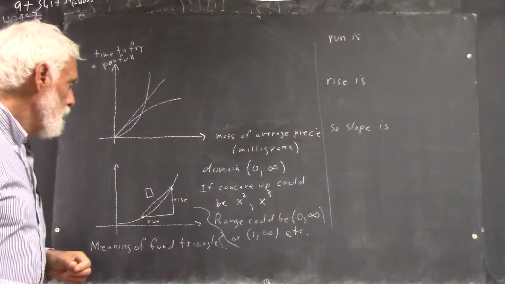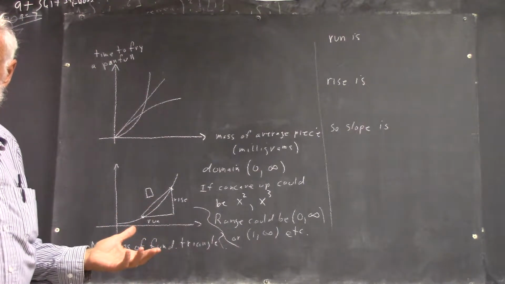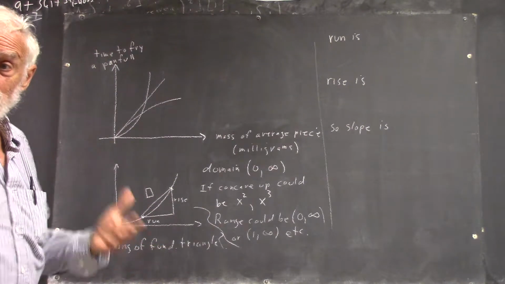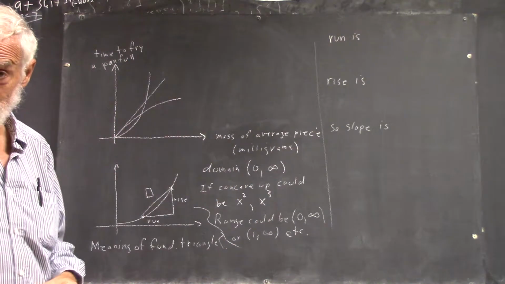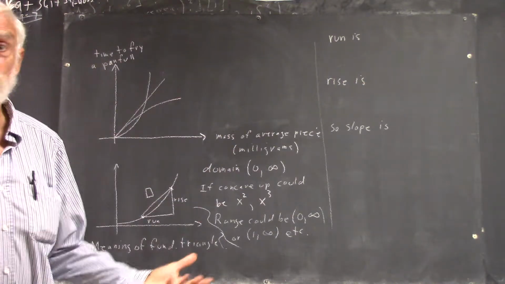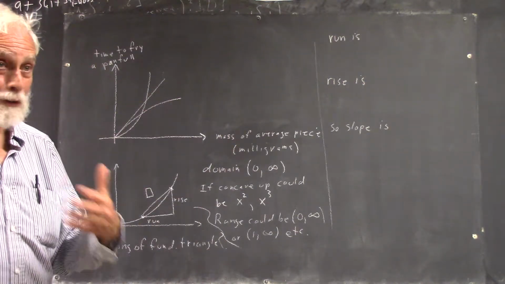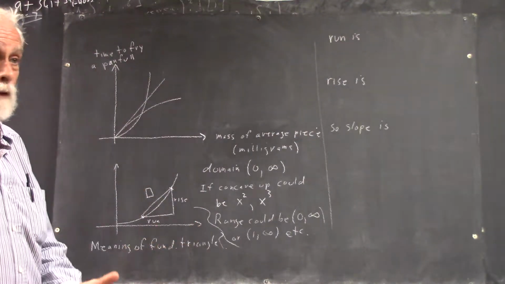So, what does the run mean? Well, how do you get the run? The change of x. Yeah, it's the change in your x coordinate, okay? Well, that's not a bad thing to start with. It's always the same. Whatever the run is, it's a change in the x coordinate. Now we've got to put a meaning on that, but it's very helpful to just say what it is.